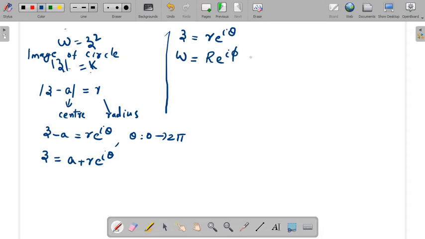So w has an equivalent expression R e raised to i phi, being a complex variable.